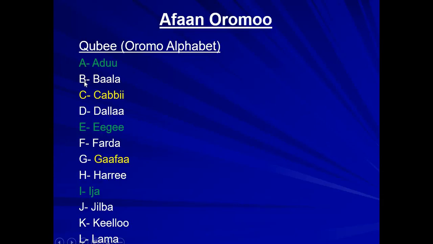A, ba, cha, da, e, fa, ga, ha, I, ja, ka, la. That's how we call them. Why do we call B ba and D da, F fa?